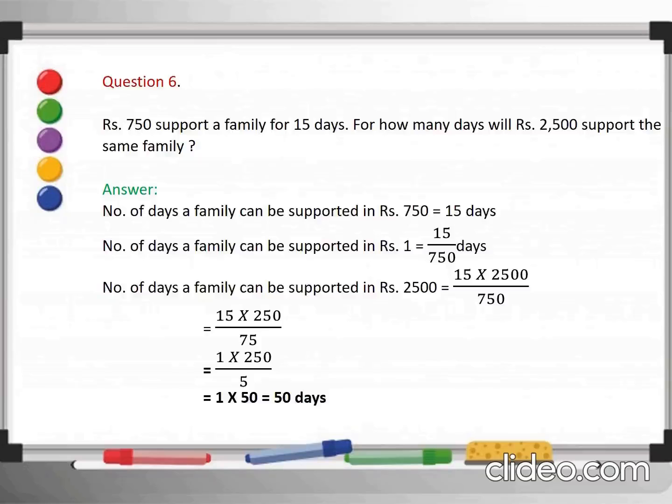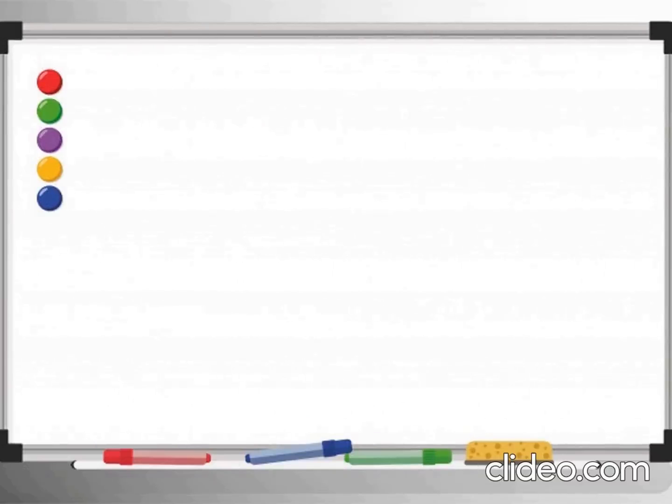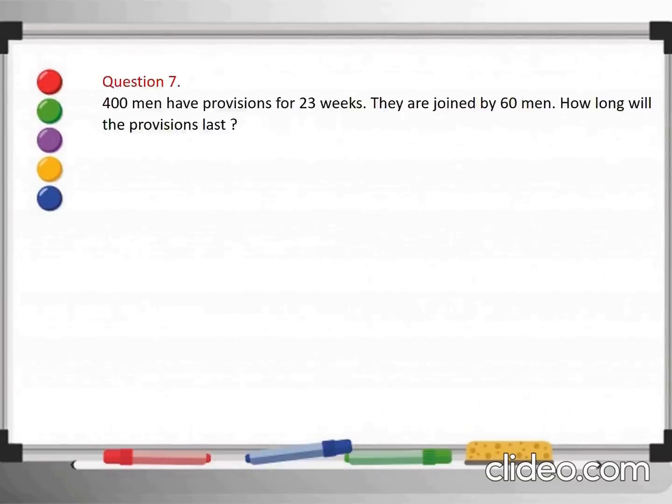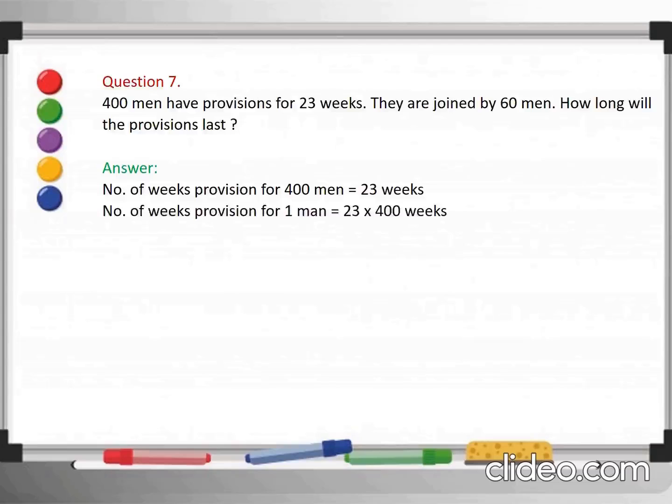Now next question, question number 7. 400 men have provisions for 23 weeks. They are joined by 60 men. How long will the provisions last? Here, number of weeks provision for 400 men equals 23 weeks. Number of weeks provision for 1 man equals 23 into 400 weeks.